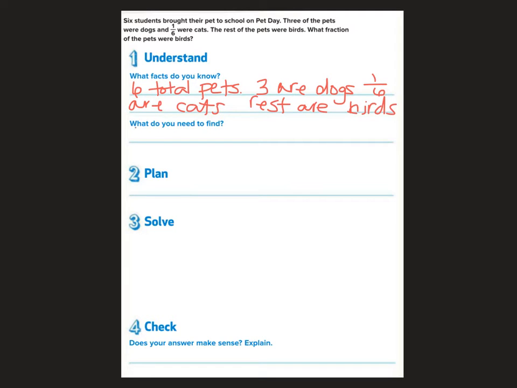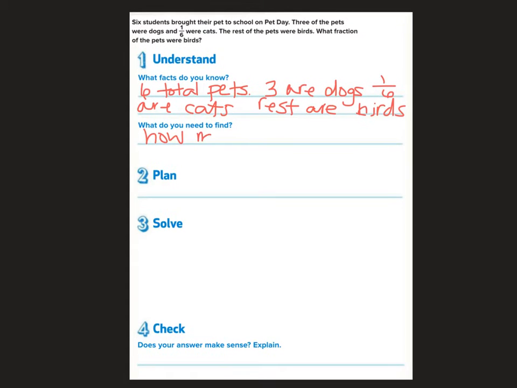Okay, what do we need to find? How many birds? And then I'm going to put in parentheses a fraction, because that's how they want our answer to be written, in fraction form.